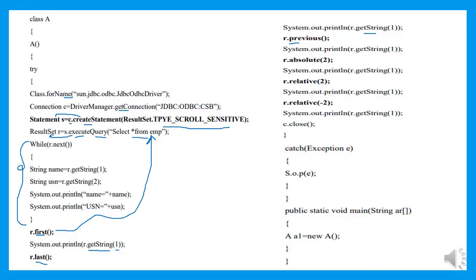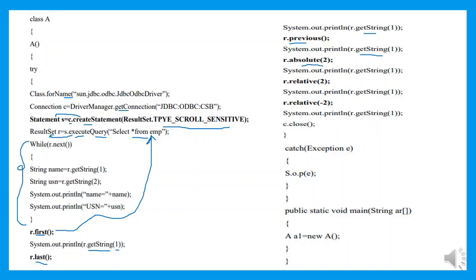Here I am performing operations in both the forward direction as well as the backward direction because we have passed the constant field as type sensitive. When I give previous, the current position of the cursor is the last row, and from that it is moved one step backward. So the last but one row has been pointed to, and the name of the last but one row's person has been fetched.